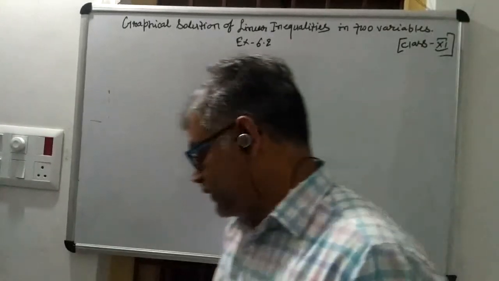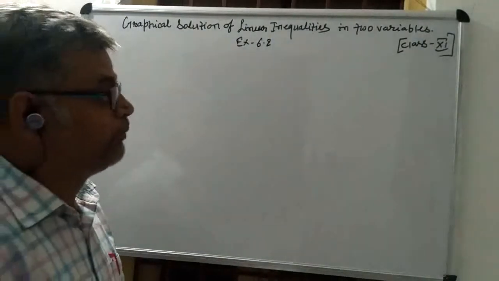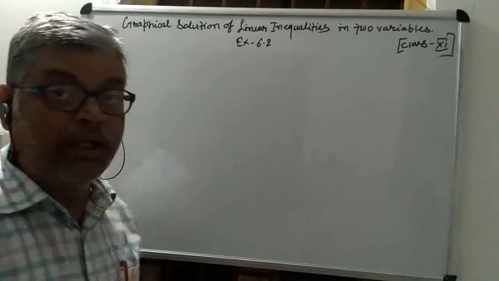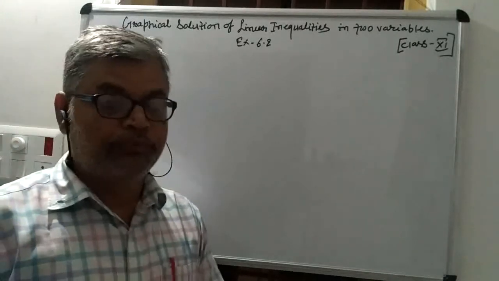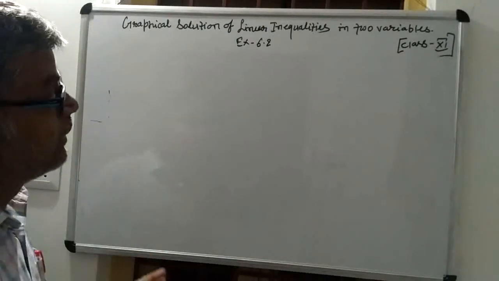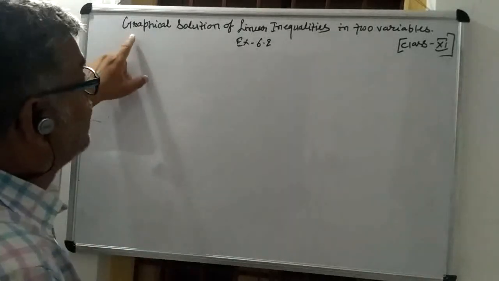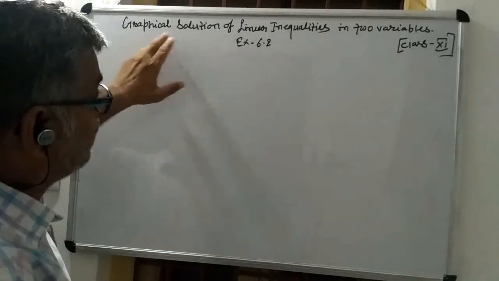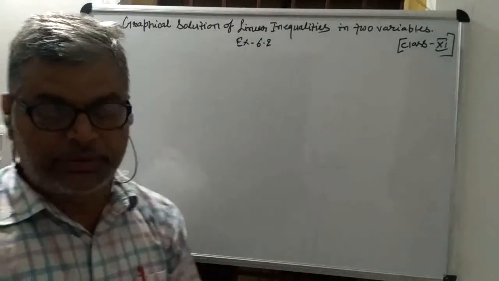Now students, after completing exercise 6.1 of the chapter Linear Inequalities, we have to discuss the next exercise, which contains the topic graphical solution of linear inequalities in two variables.